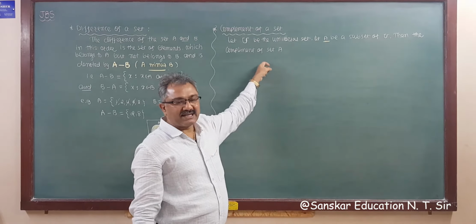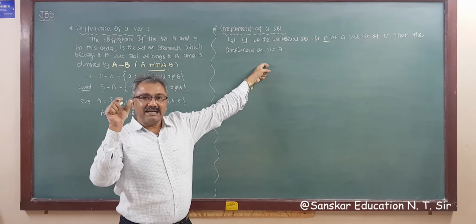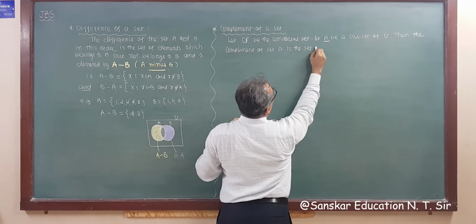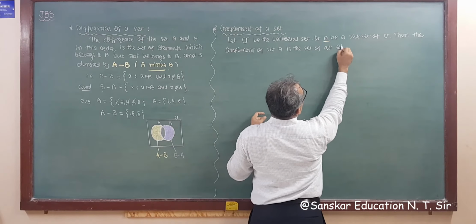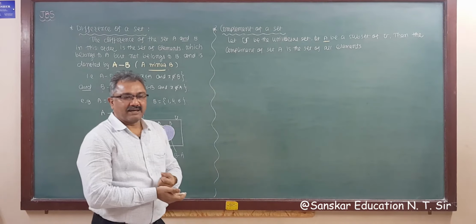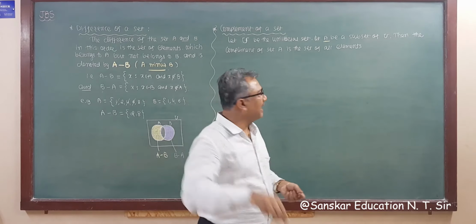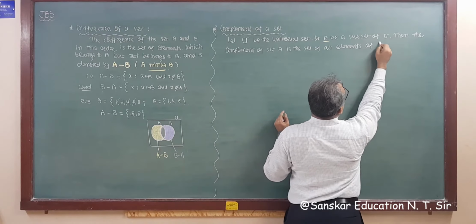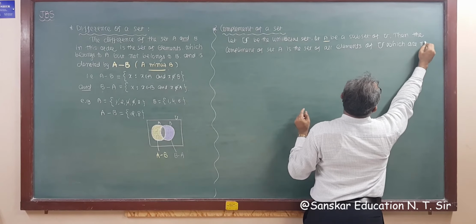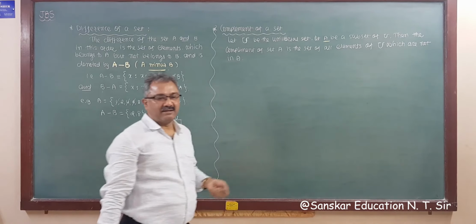So the complement of set A is the set of all elements of U which are not in A. You know this definition, right?